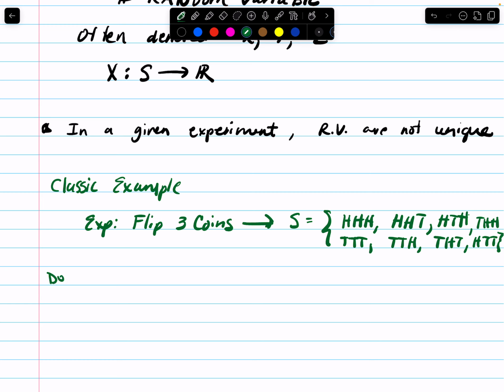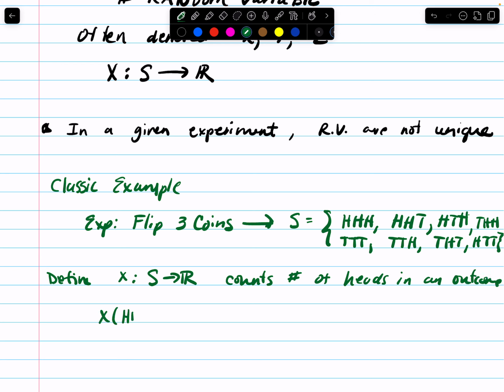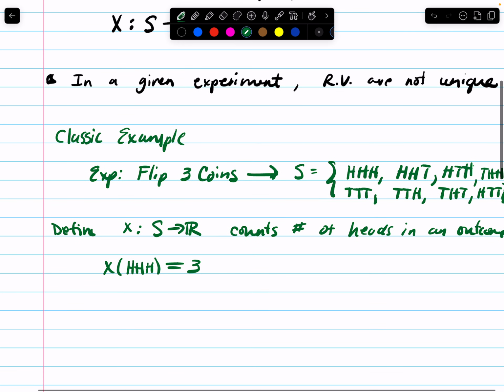So we could define X from this sample space S to the real numbers in such a way that it counts the number of heads in an outcome. Okay, so if you plugged in the argument HHH, out would come 3. If I plugged in tails, tails, tails, out would come 0.